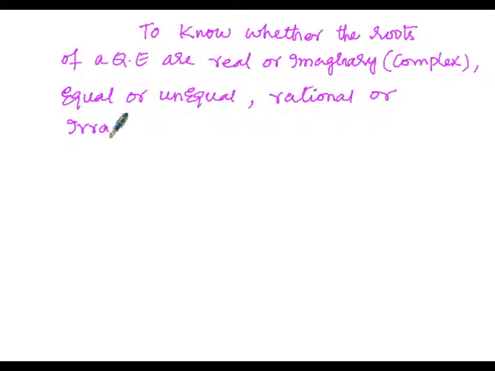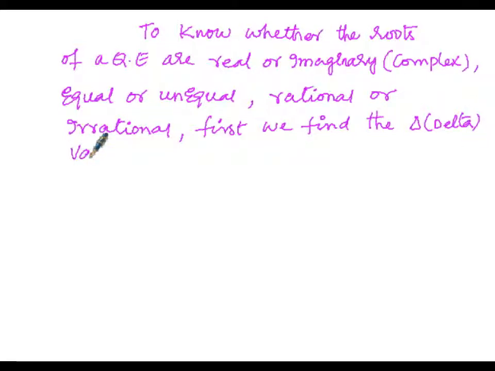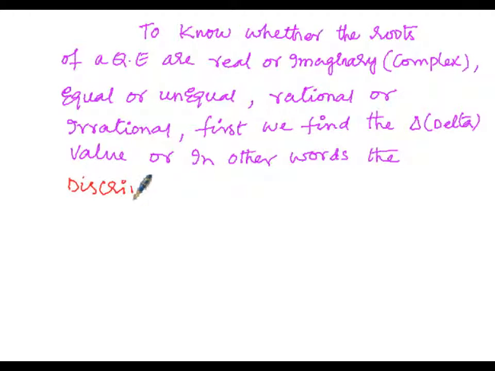So to identify whether they are rational or irrational, equal or unequal, or real or imaginary, in other words complex, first we find the delta value, or in other words the discriminant, which is denoted by D, which equals b square minus 4ac.